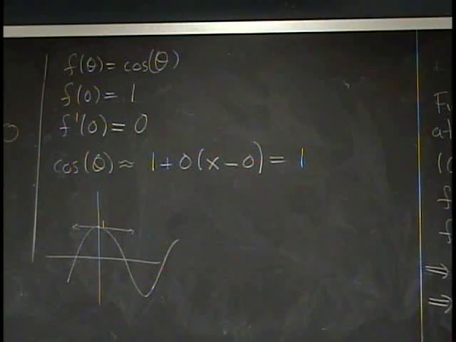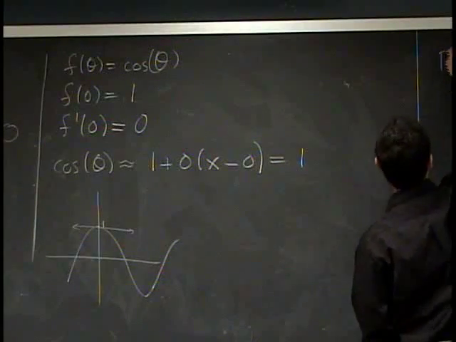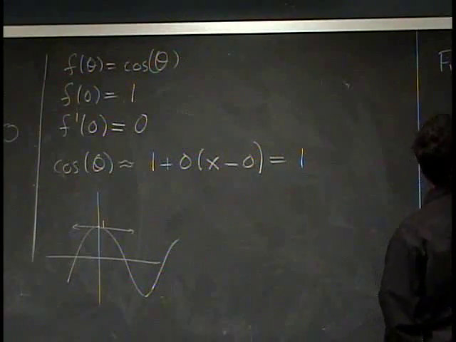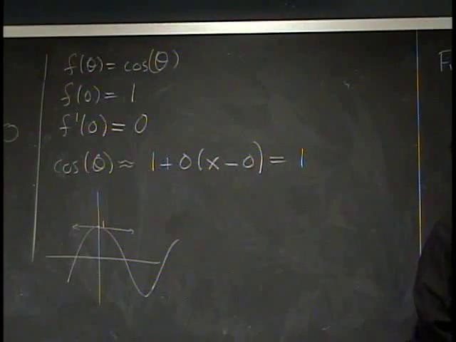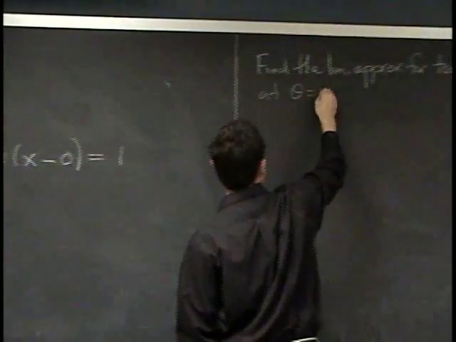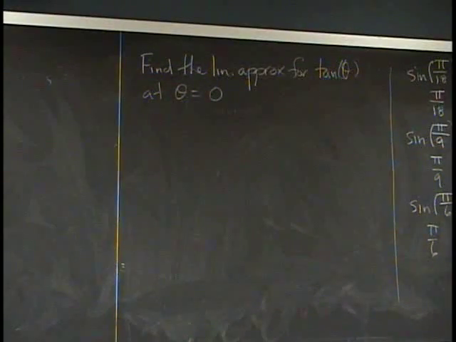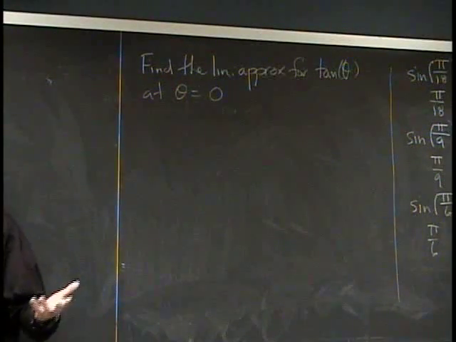Well, let's do a real easy one, as long as we have these two already done. Find the linear approximation for tan theta at theta equals 0. And do it using my rule about trig functions. What's my rule about trig functions?